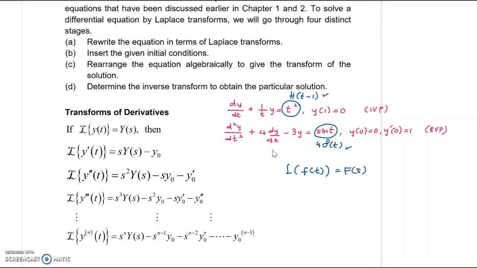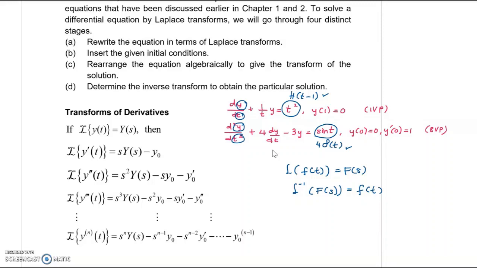Likewise, the inverse of F(s) is f(t). Now in the IVP and BVP, since we are dealing with y in terms of t, we need to use this new notation: the Laplace of y(t) equals Y(s).